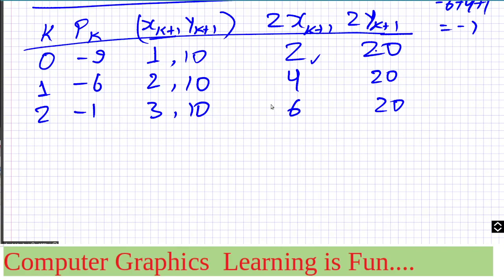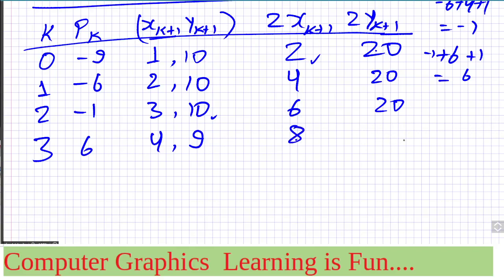Now here this is 3, again it is minus 1. So minus 1 plus 6 and then plus 1. What is it? 6 itself. So what will happen here? X will increase and y will also decrease. So 4 and 9. So 6 will become 8 and 20 will become 18.